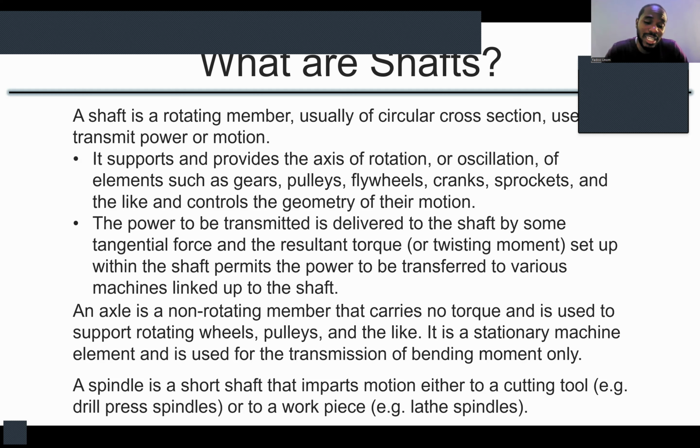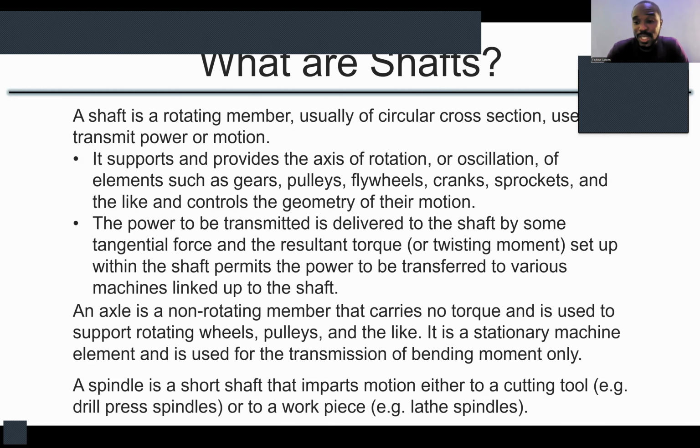So when you go to the lathe machine, you hear spindle, spindle, spindle. We're talking about a very short shaft rotating whose function is to impart motion. So you would usually have a chuck that you clamp your workpiece to, right? And as the spindle rotates, it turns the workpiece also.